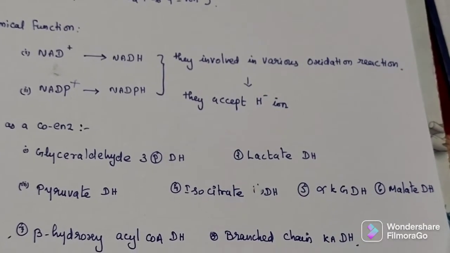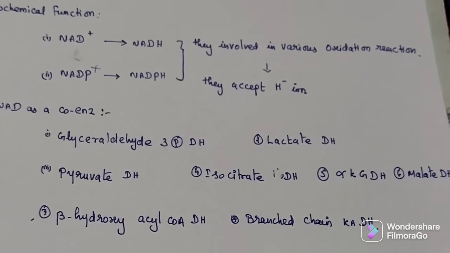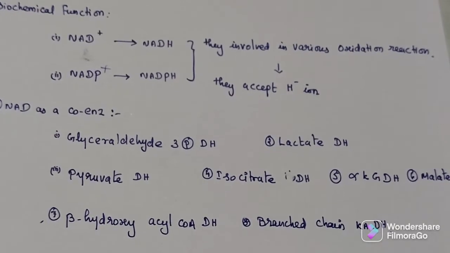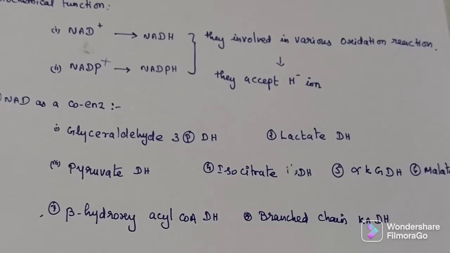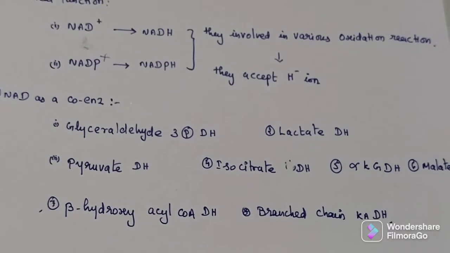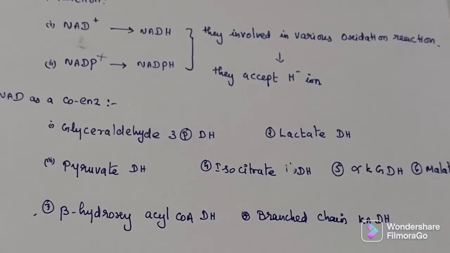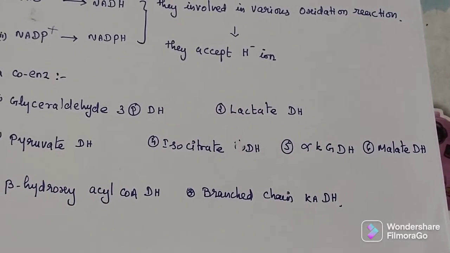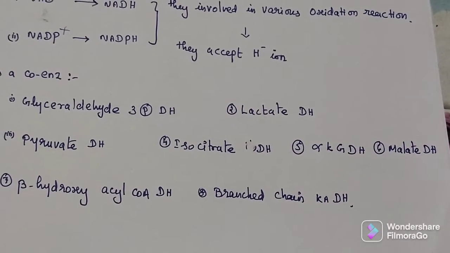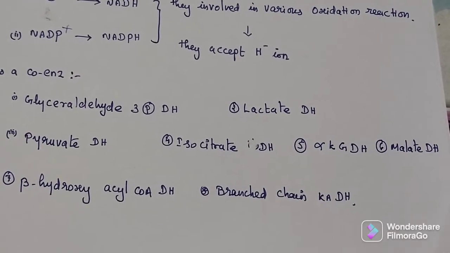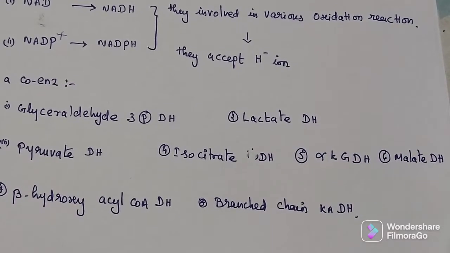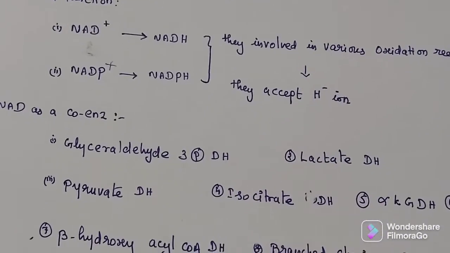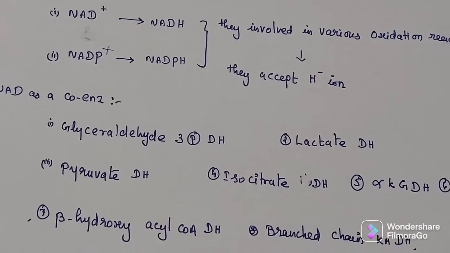Then malate dehydrogenase. Then in lipid metabolism, beta hydroxyacyl-CoA is converted into beta ketoacyl-CoA by beta hydroxyacyl-CoA dehydrogenase. Then branched chain keto acid dehydrogenase, etc. So it is a coenzyme for a number of reactions.